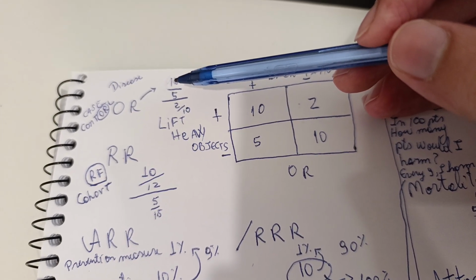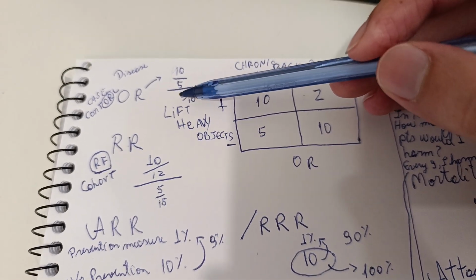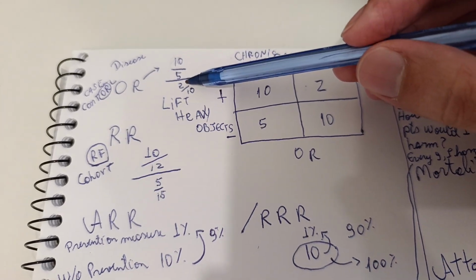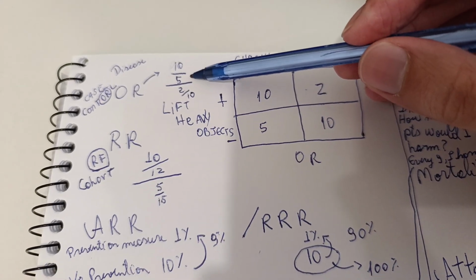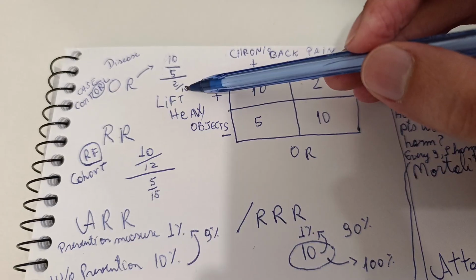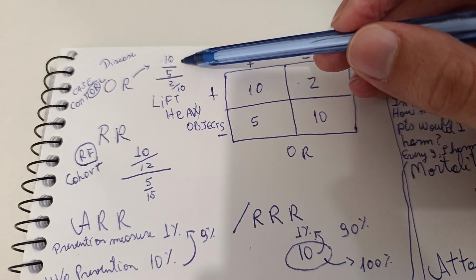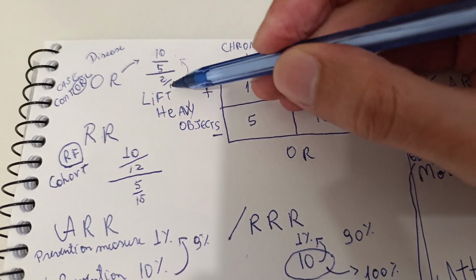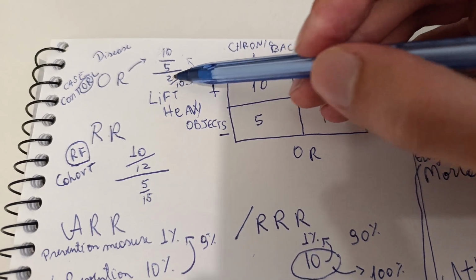But if we have 10 divided by 5, we would have 2. So the denominator will make the number lower. So in the case that you diminish the denominator, you would also increase the result. This is why when we are diminishing the denominator, we could actually multiply the 10 in the numerator. So we can just do this and increase the numerator because you're diminishing the denominator.